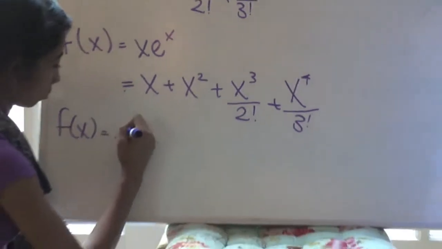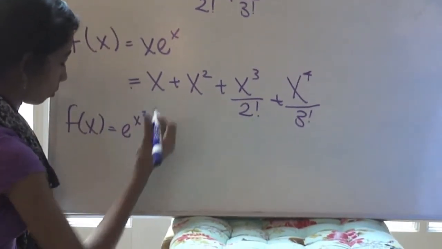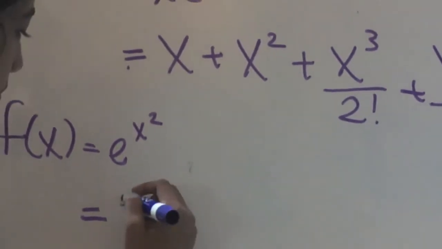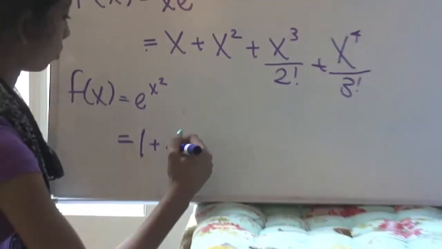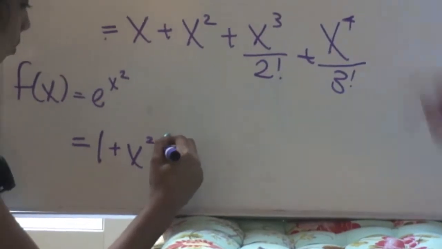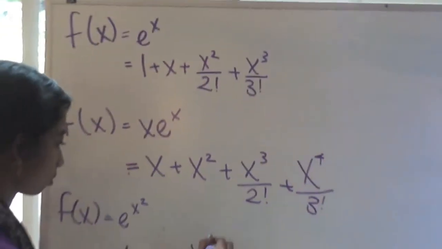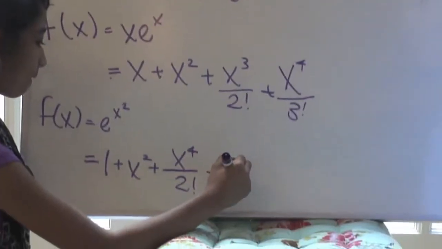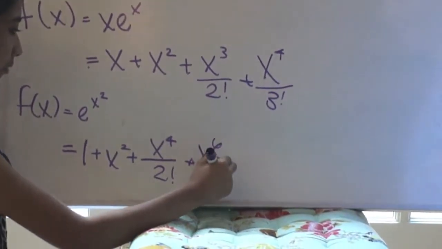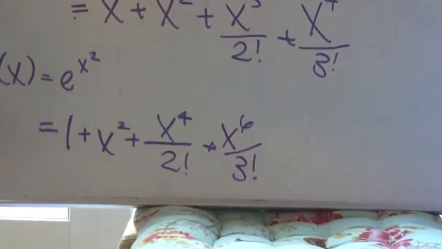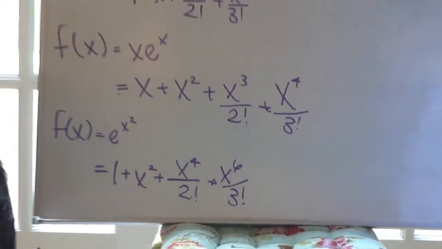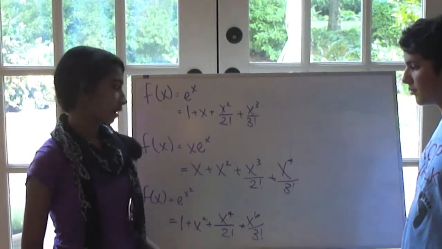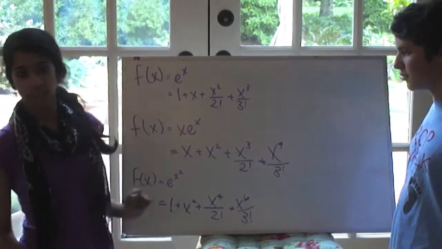If you want to find the Taylor polynomial for e to the x squared, then you simply plug in x squared for each value of x in the e to the x Taylor polynomial. You can apply the same process to find the general term for each of these functions as well.